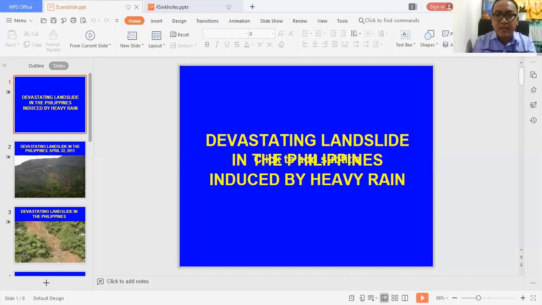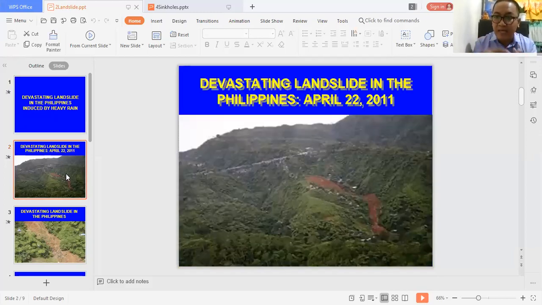Yung tinatawag po natin landslide, devastating landslide in the Philippines induced by the heavy rain. So mapapansin po natin, no, na meron po tayong mga pangyayari po.